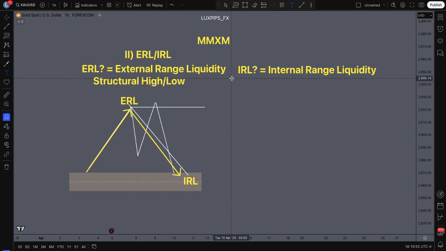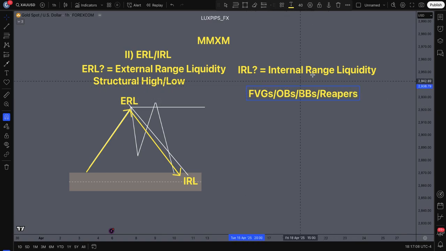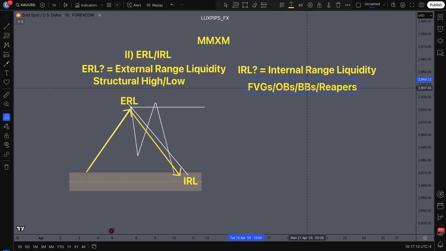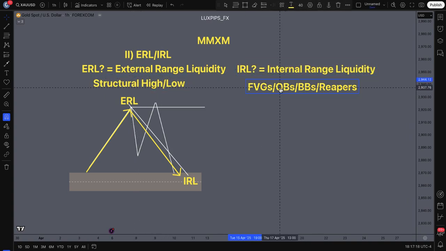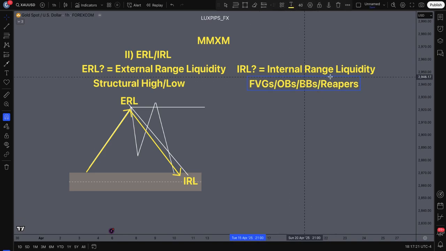So this can be your FVGs, order blocks, breaker blocks, your rebalancing, just some ICT terms. But basically all of these terms right here are IRL. ERL is strictly structural high or low. IRL is strictly FVGs, OBs, and other methods. But of course, the ones everybody knows, the strongest are FVGs, OBs, and BBs, breaker blocks.